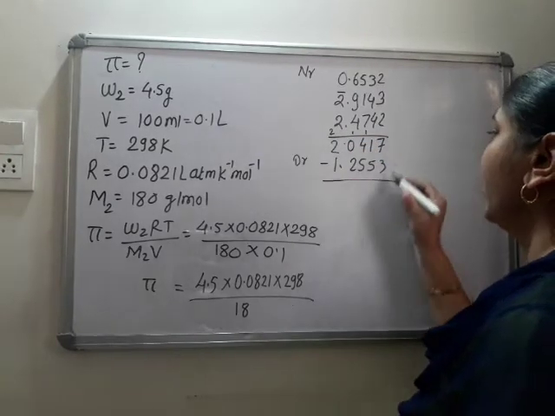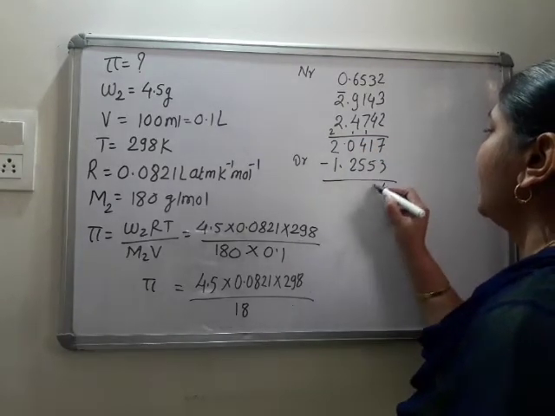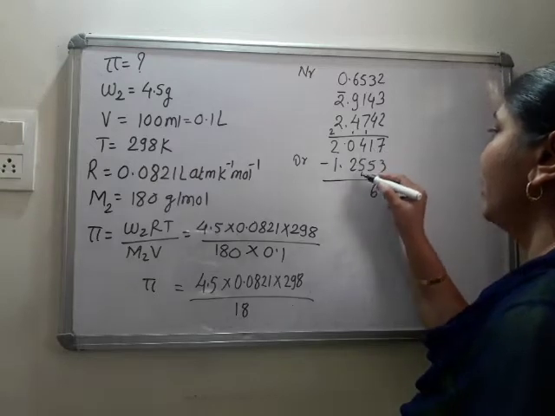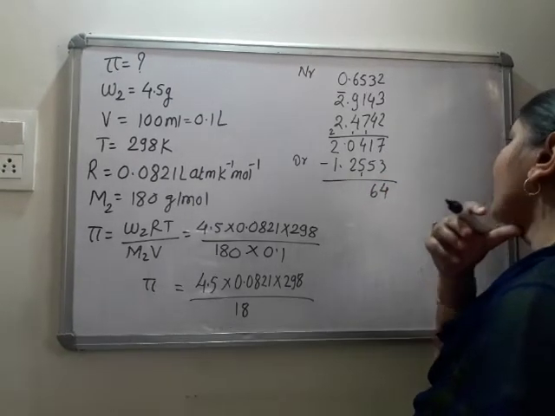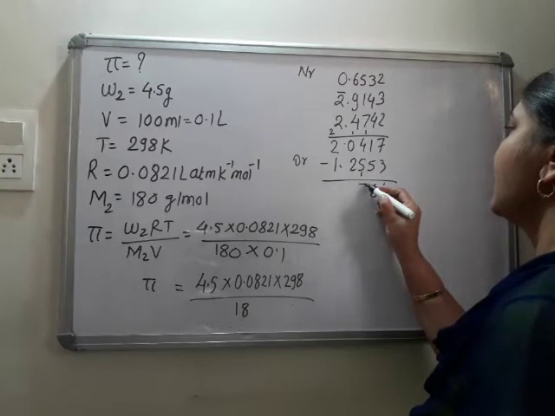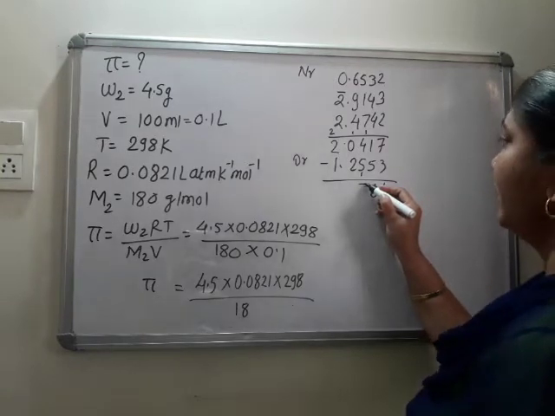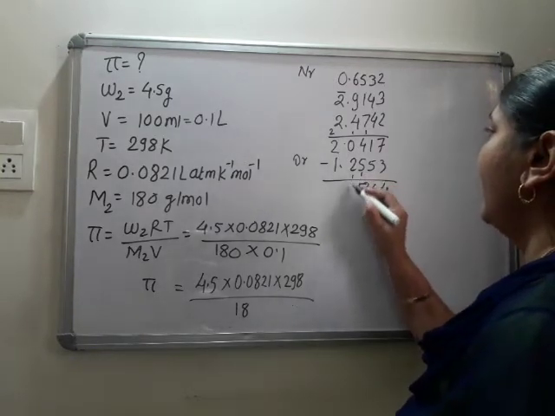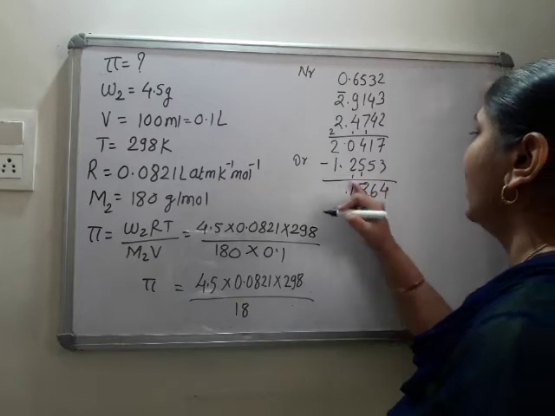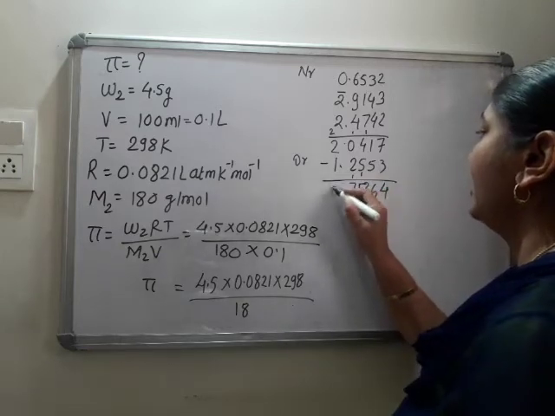Subtract this. 14 minus 6 is equal to 8. And here it comes 7, and this becomes 0.